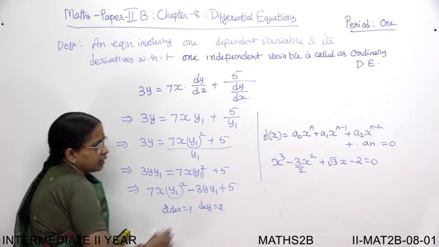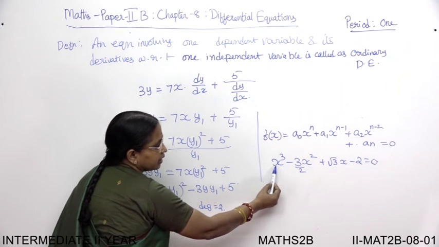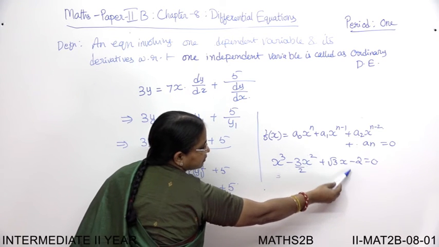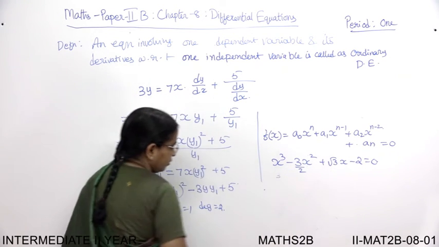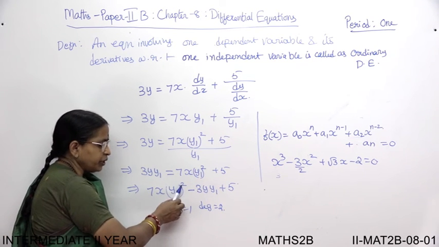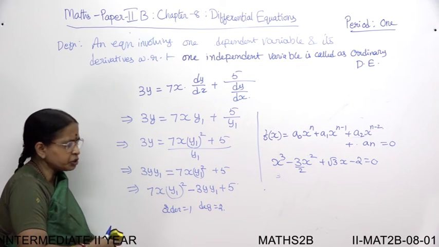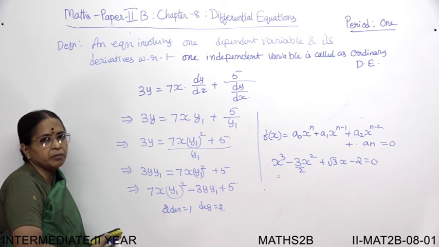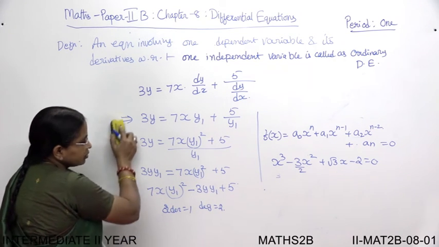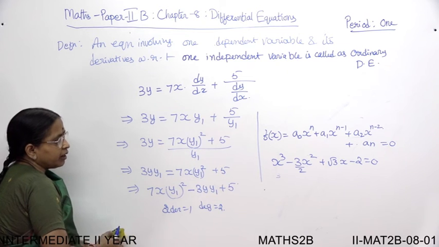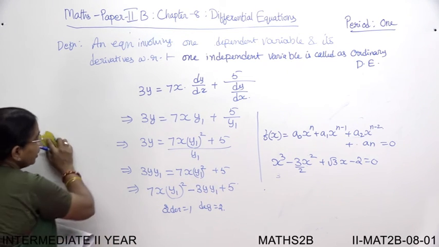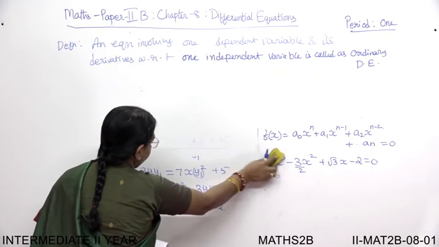Like the degree of a term: the degree of this term is 2, this term is 1, and this term is 0. In the same way here, the degree is the power exponent, and that exponent should be an integer, not a fraction or any rational or irrational number. This is how we find the order and degree of a differential equation. Okay, now I'll take another example.